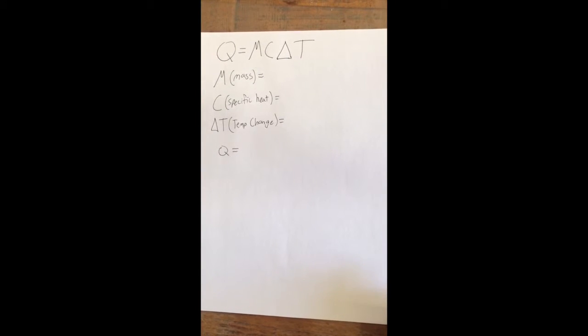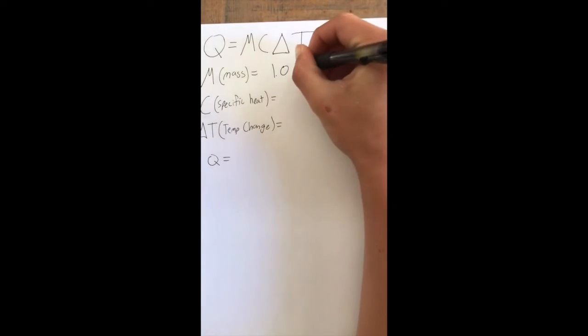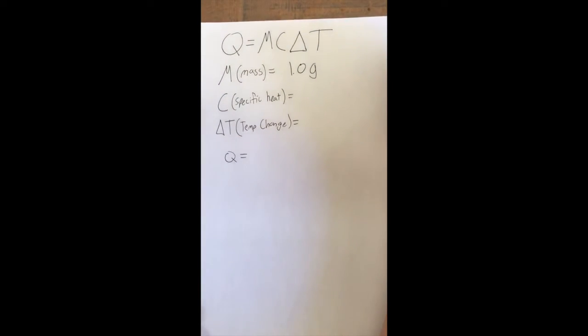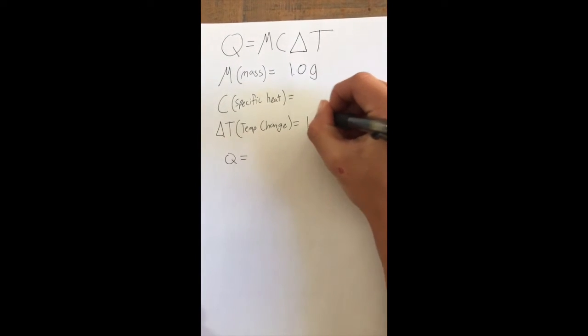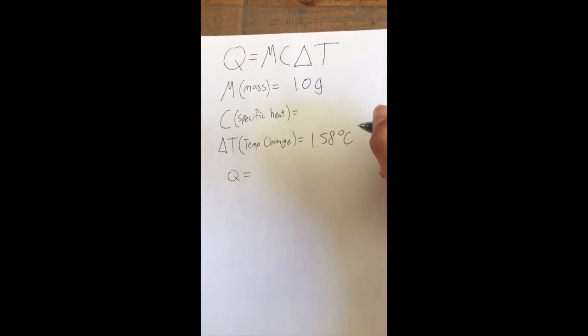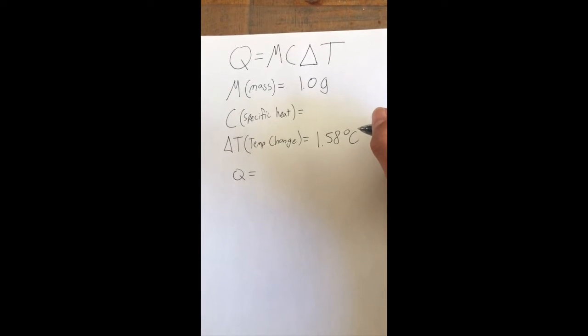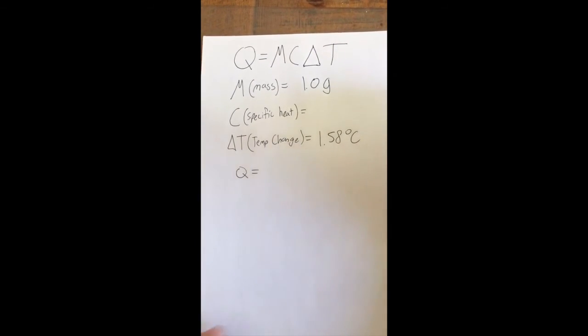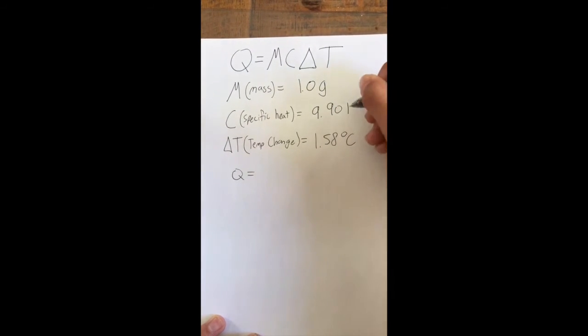In this problem, we are going to substitute the mass with 1.1 grams. Also in the question, the temperature change is going to be 1.58 degrees Celsius. Also c, which is the heat capacity, is going to be 9.90 kilojoules per degree Celsius.